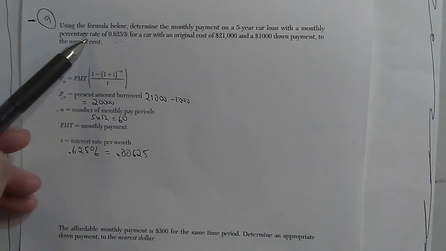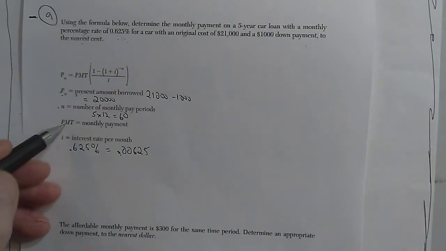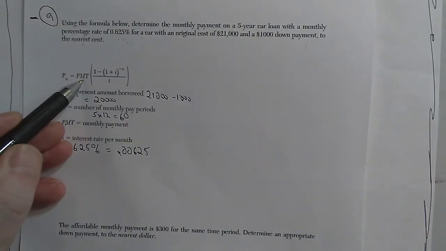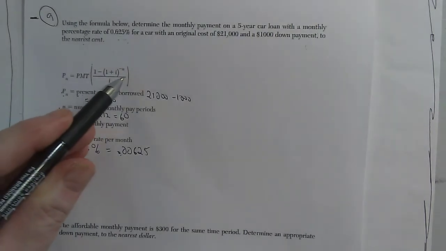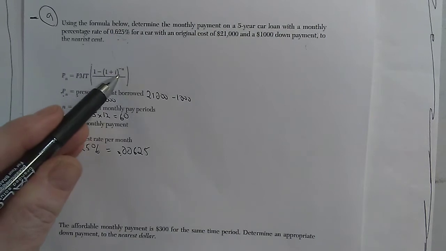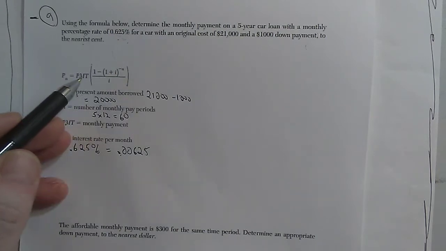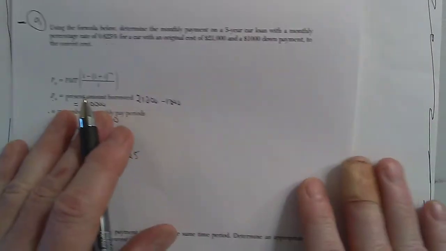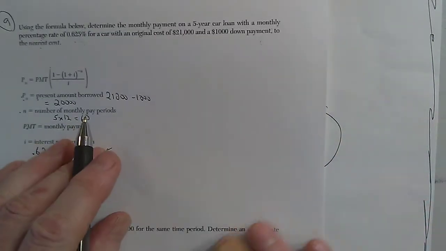All right, so the first thing we're going to do is figure out the monthly payment. So we're going to figure out PMT, which is this value right here. So hopefully all this comes out to be a number, and I can just divide both sides of the equation by this number, and I'll get PMT. All right, so let's see.